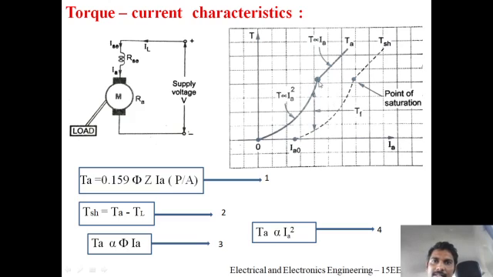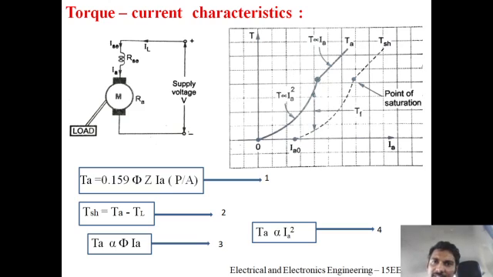Okay, until the saturation of the core. Saturation is nothing but, even though you increase the mmf, the production of flux will become constant. The flux density will become constant. So up till this particular point, what I can call the saturation point, the torque of a series motor increases parabolically.